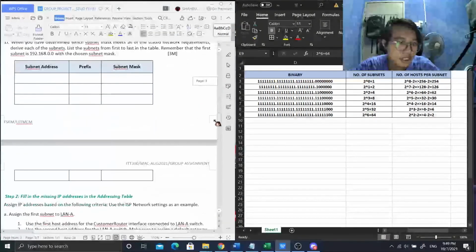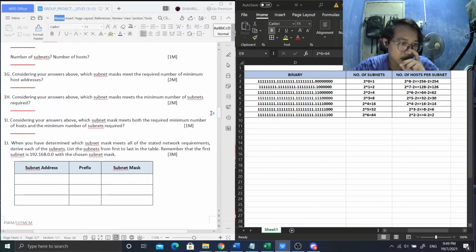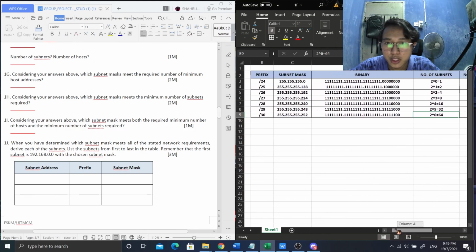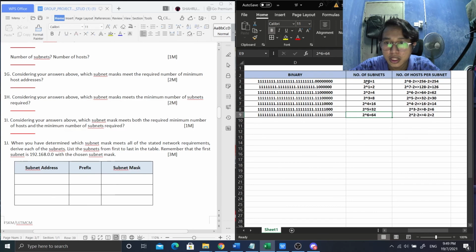Okay, for the next question, 1I, considering your answer above, which subnet must meet both the required minimum number of hosts and the minimum number of subnets required. So as we can see on this table, /25 does not meet the number of subnets because the minimum requirement is 4, but it has only 2.